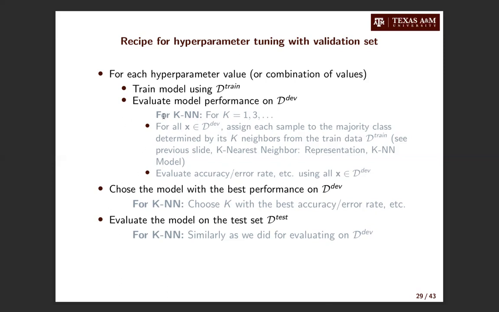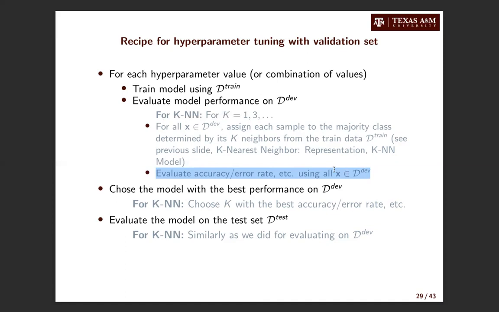If we are to exemplify this for KNN, let's say we would like to choose the optimal K for our data. This would mean that for all predefined Ks, we would train our model using our training data, and then we would test our model using the development data, and we would evaluate the error rate or the accuracy of each number of neighbors on the development set.